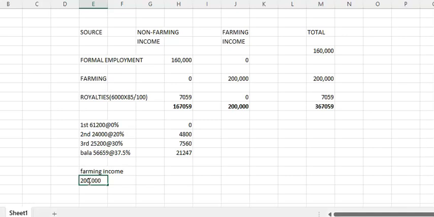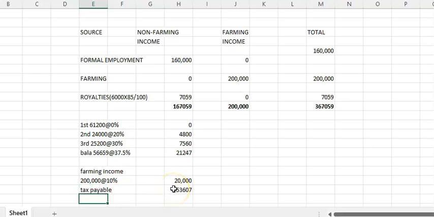We already know that the rate is 10% for farming income. So 10% will result into us having 20,000. Now this 20,000, we add now these numbers here. We must be able to get a total of 53,607. So this is what we call tax payable.